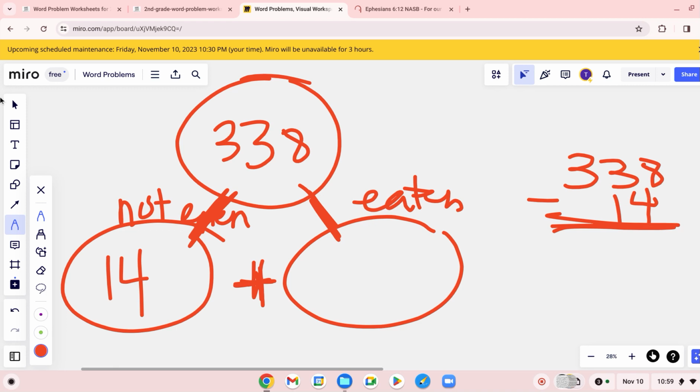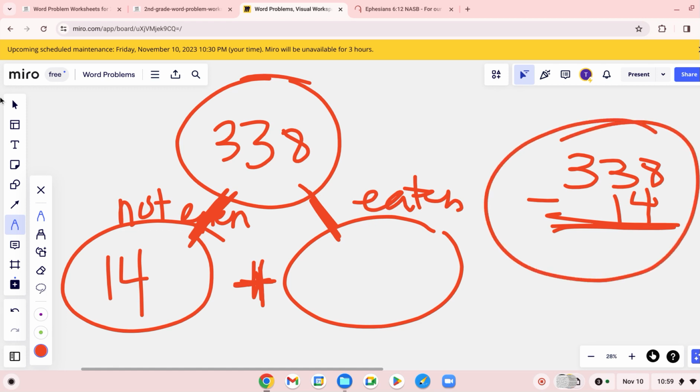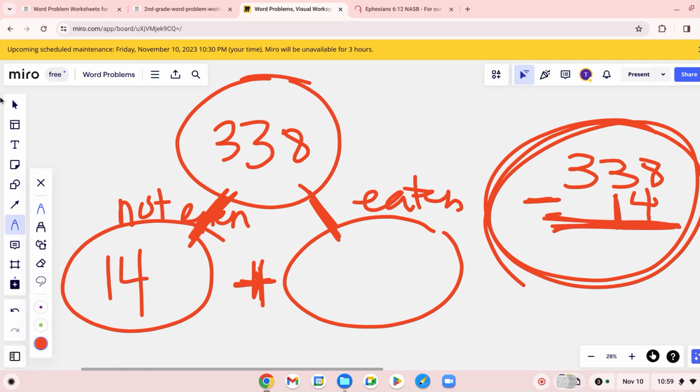Give me a number sentence with plus, with addition. You said I cannot minus the total. So this is one number sentence that comes out of this: 338 minus 14, but this is using minus. So I need another number sentence that uses plus.